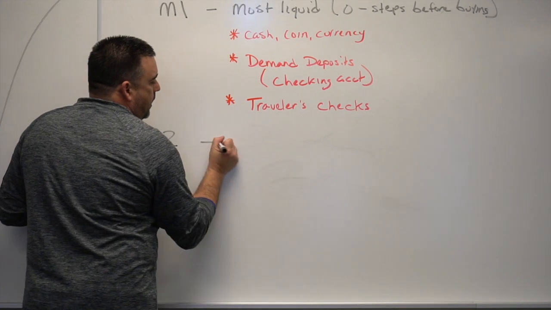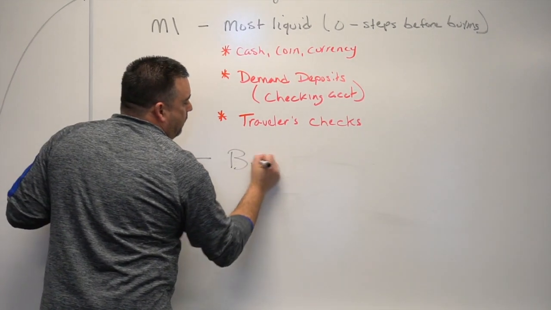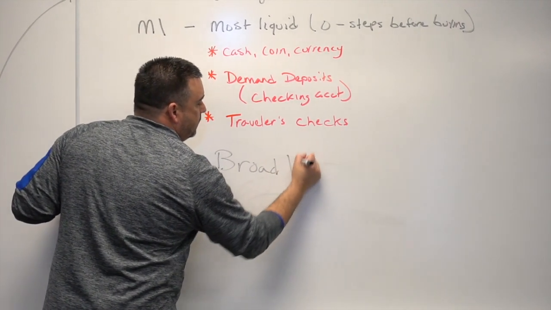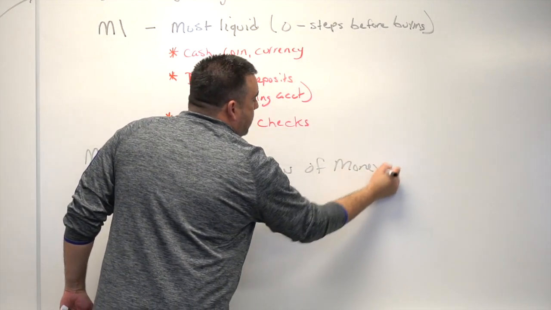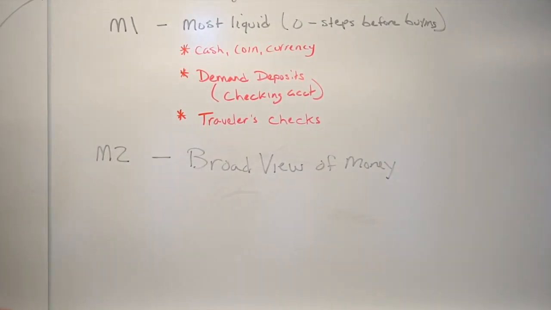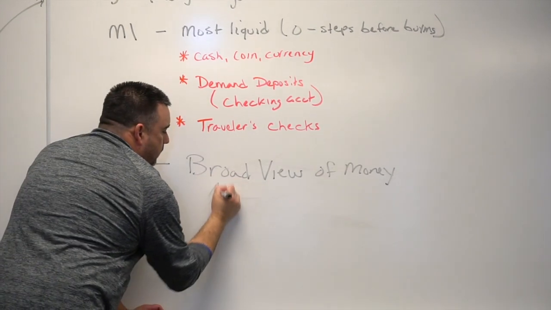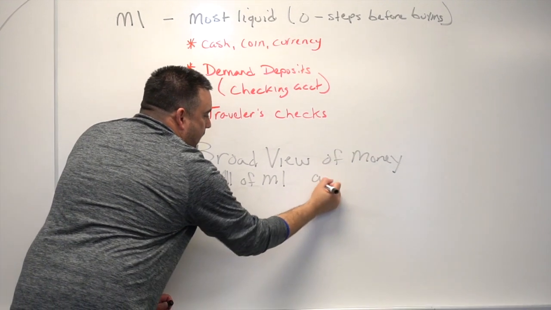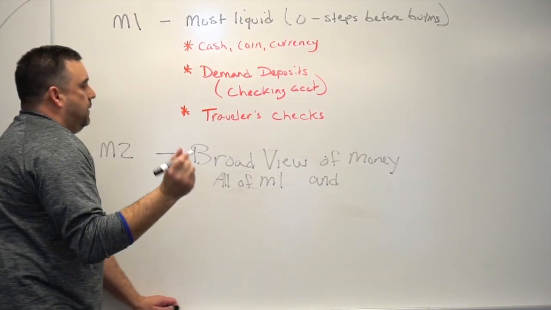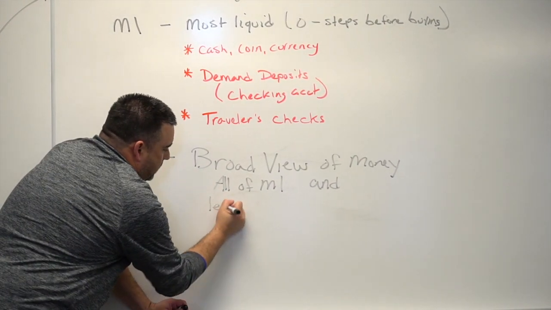M2 is our broad view of money. M2 includes all of M1 and our less liquid sources.